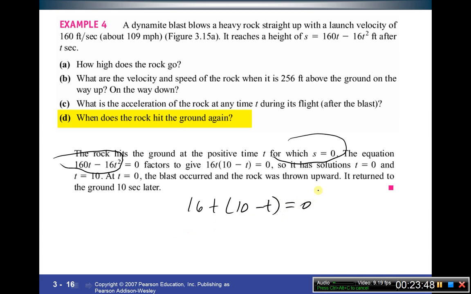The solution to this is t equals 0, which is obviously at the very beginning when the rock is blasted up. The other time is t equals 10, when it hits the ground. So the rock hits the ground 10 seconds after the blast occurs.